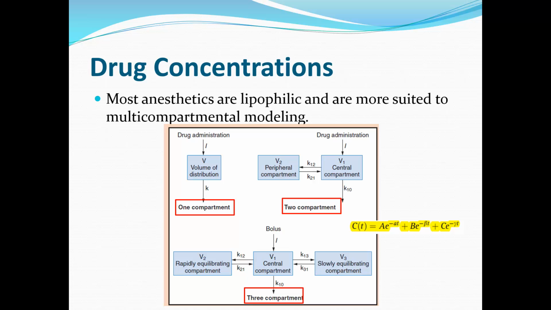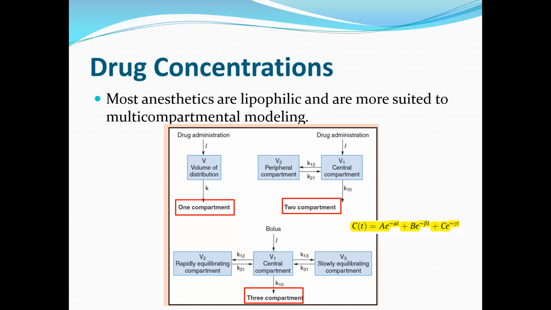In this model, there are three compartments, as you can see, V1, V2, V3, whose sum equals the VSS, or the total. And there are three clearances: the rapid intercompartmental clearance, the slow intercompartmental clearance, and the elimination clearance.